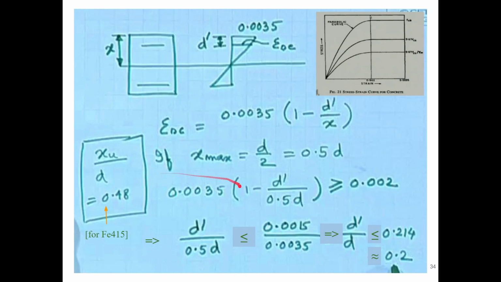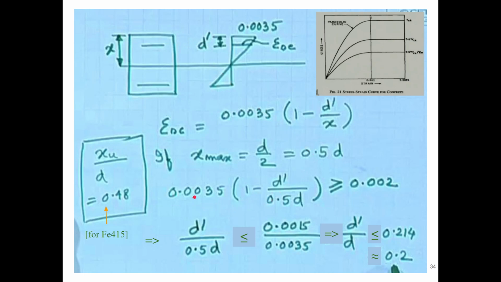Okay, and if we consider x max equal to d by 2 or 0.5 d, we will find 0.0035 into 1 minus d prime by 0.5 d should be greater than or equal to 0.002. Above this 0.002 strain, the stress is constant, which is the concrete strength basically.